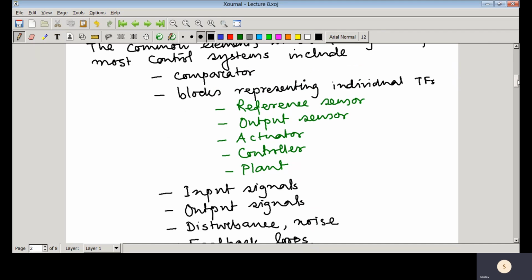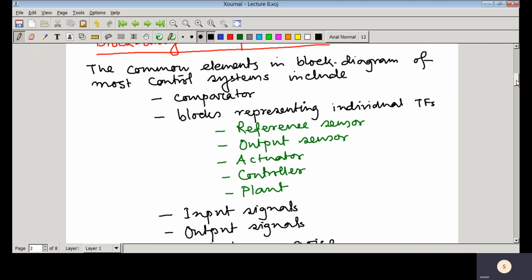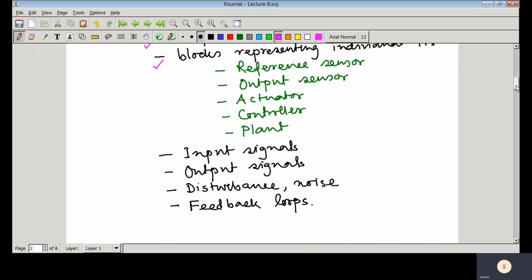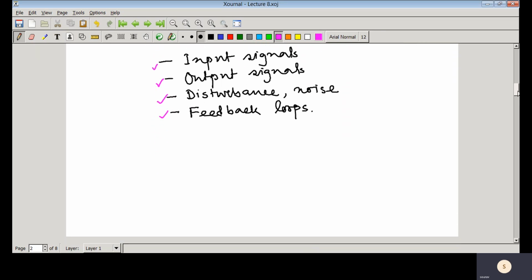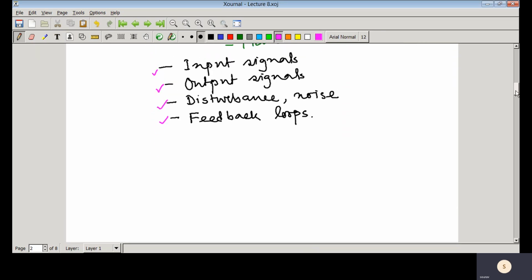So basically in block diagram we have seen it, and now again we are going to draw. So in block diagram we have comparators and various blocks like reference sensor, output sensor, actuator, controller and plant. And there are many signals like input signals, output signals, disturbance, noise and feedback loops. So let us represent it in block diagram form.